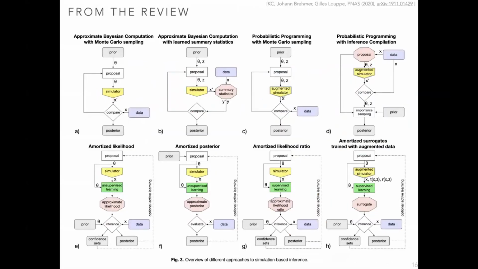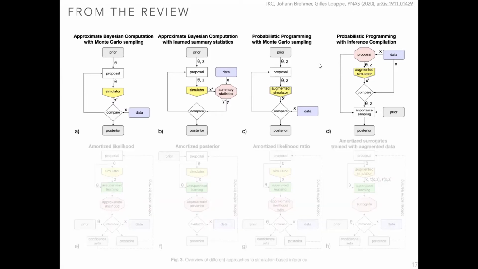So also in this review, we have these flow charts, which I'm not going to go through carefully, but they all have a simulator. That's the yellow box. They all have data. That's the blue over here. There's also always some sort of comparison of the two to get either a posterior distribution or a frequentist-like confidence set. And so in this set of flow charts, the top row are essentially the first class of methods that I discussed, where you're using the simulator more directly, like approximate Bayesian computation and probabilistic programming.